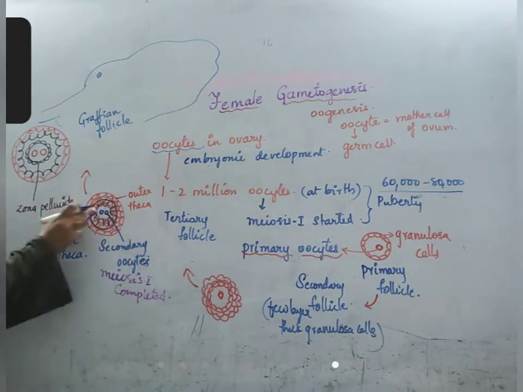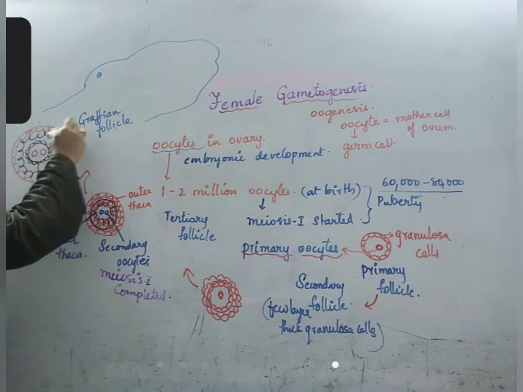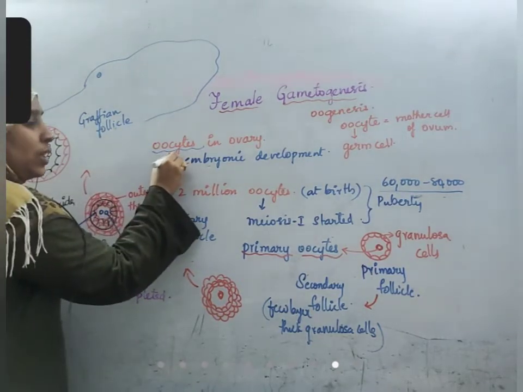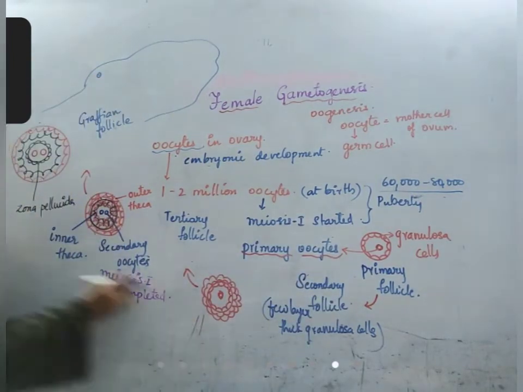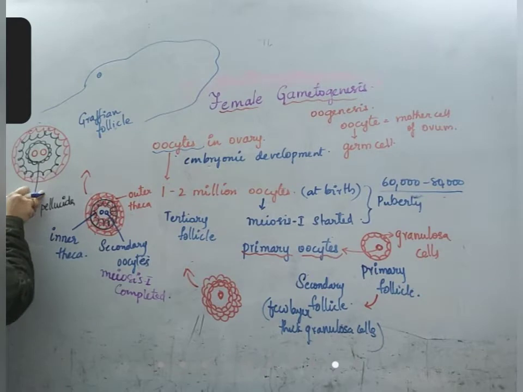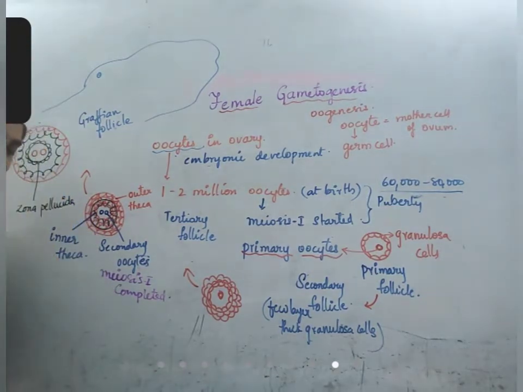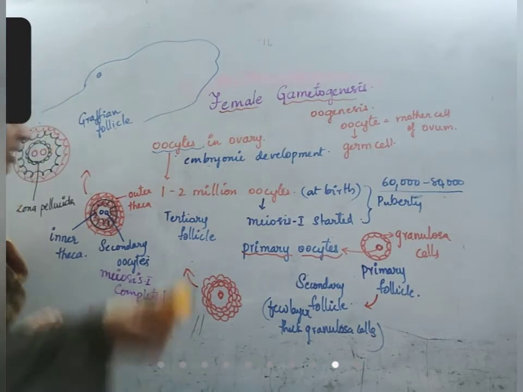This secondary oocyte will develop one layer around it called the zona pellucida, and at this stage it is called the Graafian follicle. How many stages are there? Oocyte, one stage. After that, primary follicle, secondary follicle, tertiary follicle, Graafian follicle. We draw all this inside the ovary.